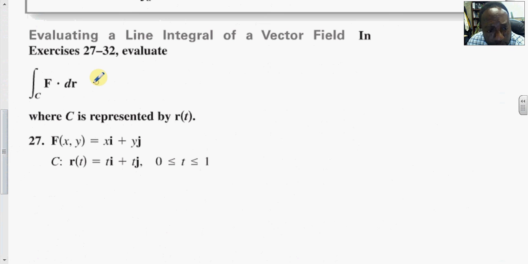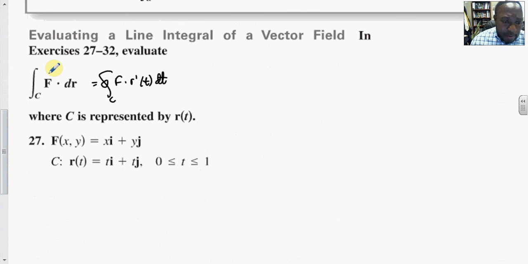So this is the same as the line integral over C of F dot dr. Again, dr is r prime of t dt. Now this is different from the so-called line integral of f of xy, or f of xyz ds, right?